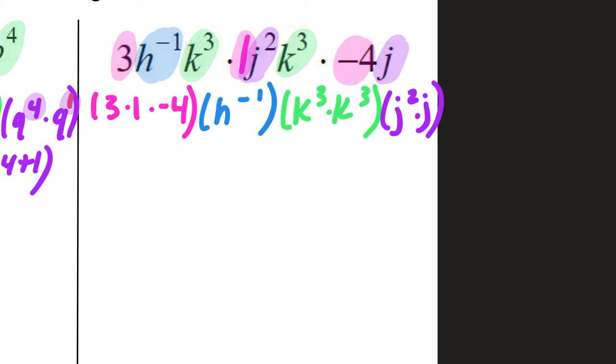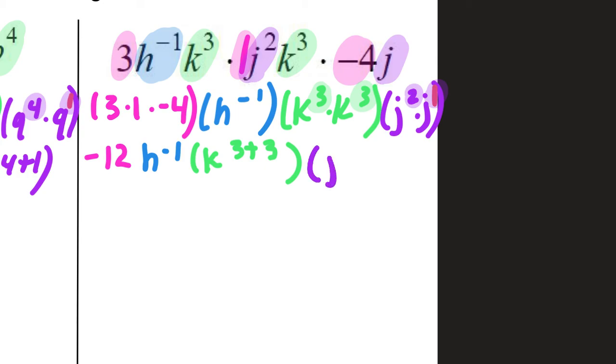Now when I simplify, 3 times 1 times negative 4 is negative 12. H to the negative 1 can't be simplified, so it's just h to the negative 1. However, for the k's, I know I can add my exponents. So it becomes k to 3 plus 3. And for the last one, there is an exponent with the last j, so it's j to the 1st. But again, I can add the exponents of 2 and 1.